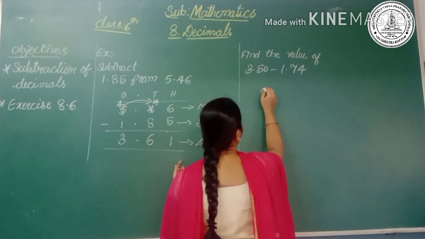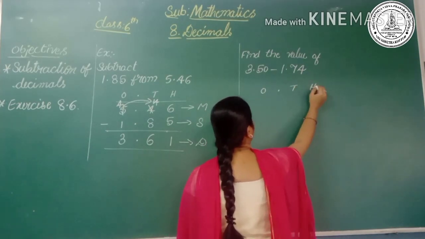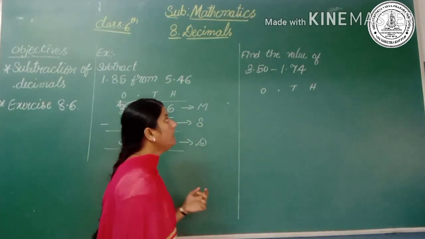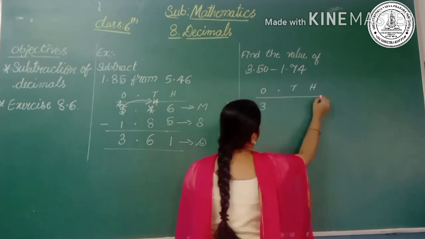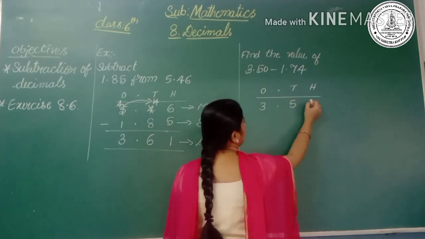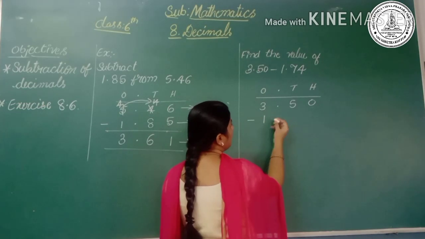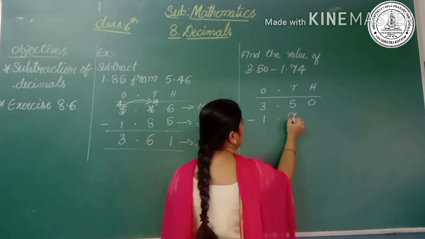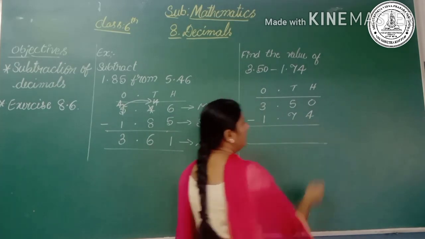So ones, decimal, tenths, hundredths. Here the minuend is 3.50 and the subtrahend is 1.74: 1 is in the ones place, 7 is in the tenths place and 4 is in the hundredths place.